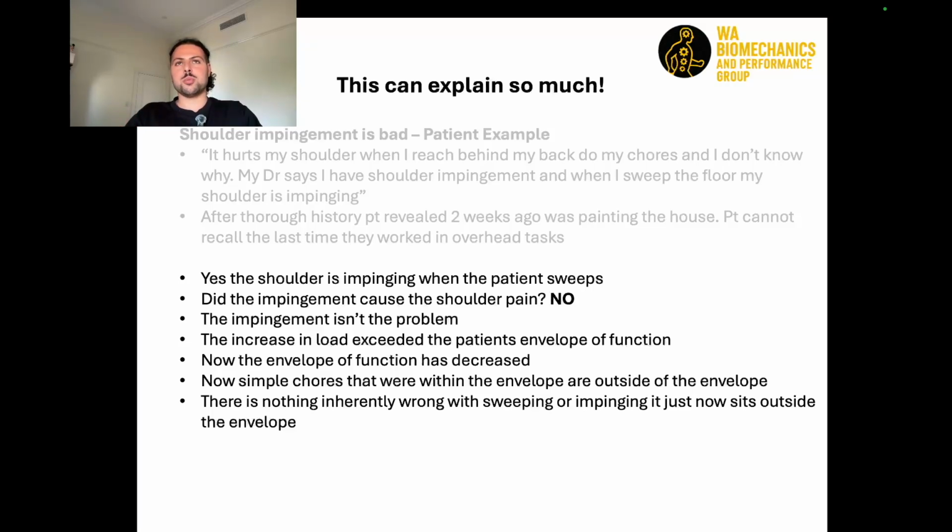That impingement was probably happening in the patient before this episode of pain. So the impingement isn't the problem, it's the increase in load that exceeded the patient's envelope of function. Now that envelope of function has decreased and simple chores that were once within the envelope of function sit outside the envelope of function. Because there's nothing inherently wrong with sweeping or impinging, it's just that these activities are now sitting outside your envelope.